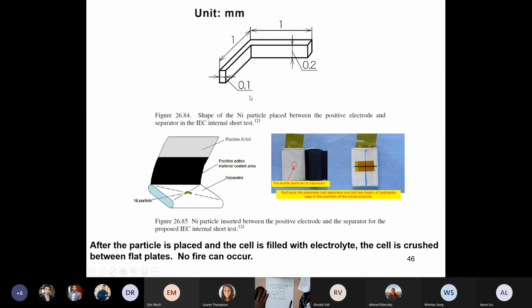Okay, so this is a test. I'm not sure how often it's actually done, but pouch cells are supposed to have this test done to pass the IEC, to get IEC certification.